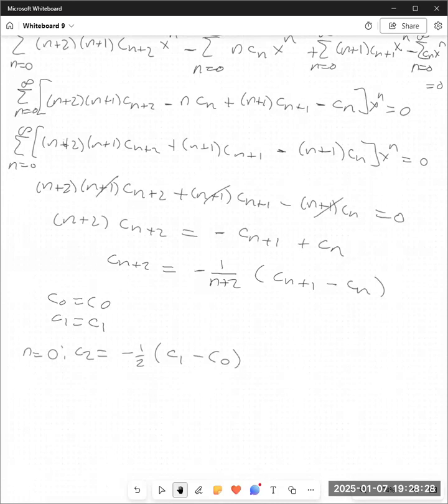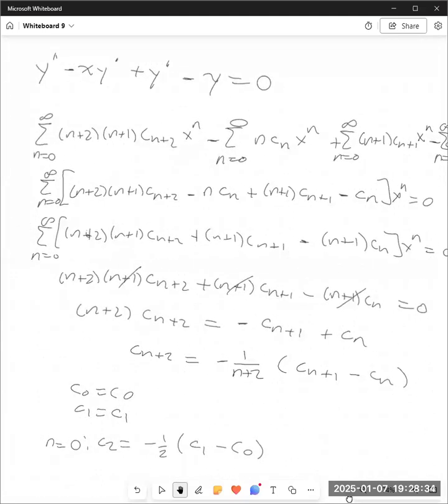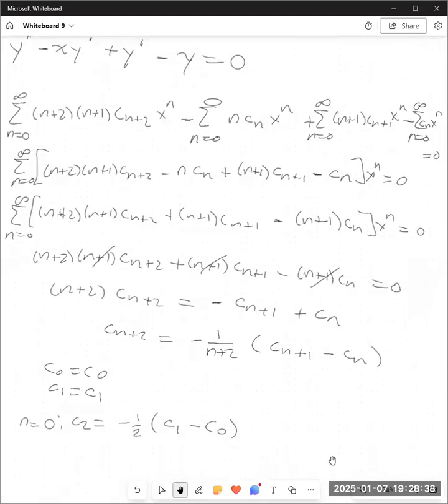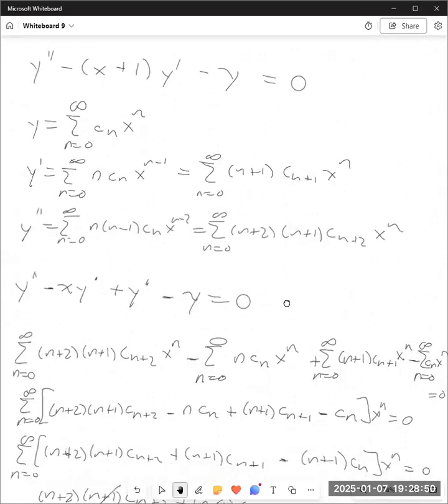Just going to check my signs on everything here because something doesn't match with what I have here. So plus, minus, plus, minus. Let's just check up here to make sure that that's right.